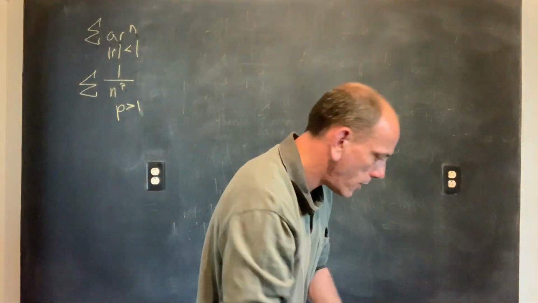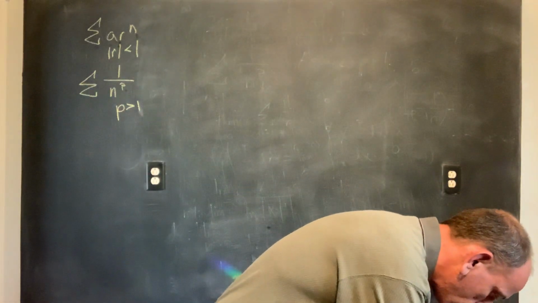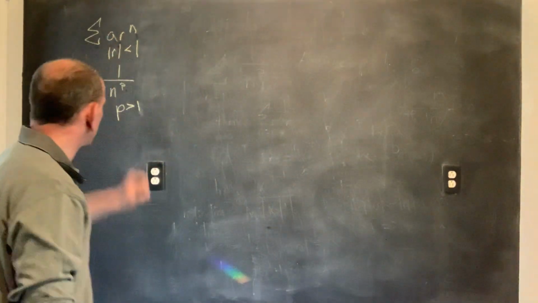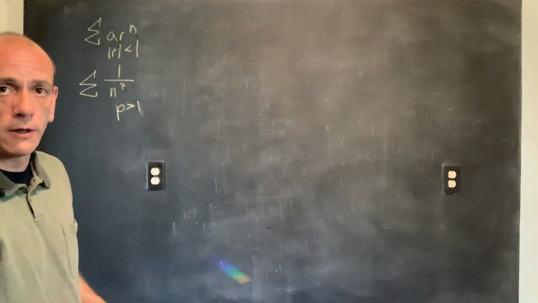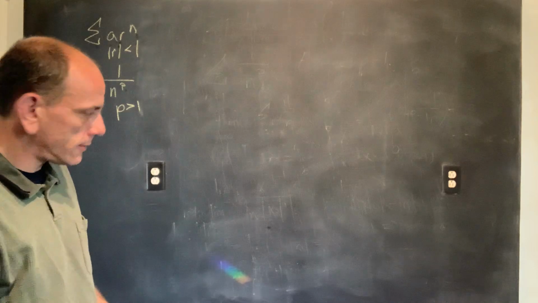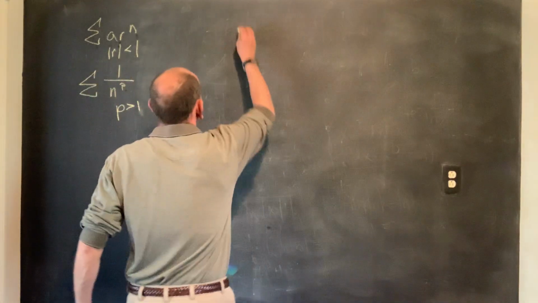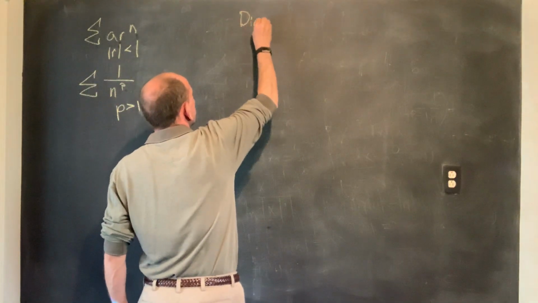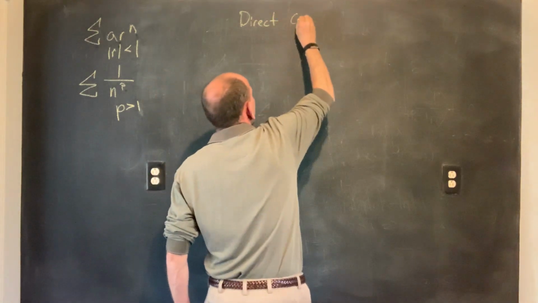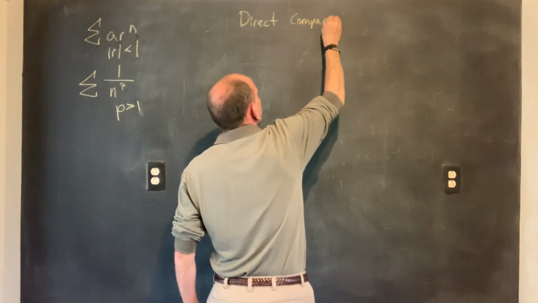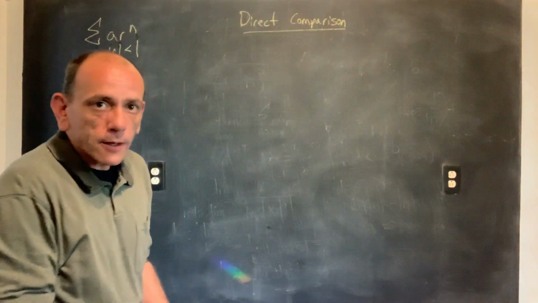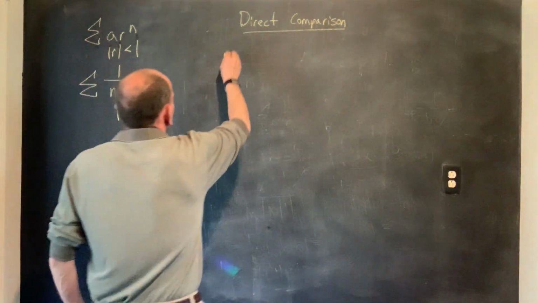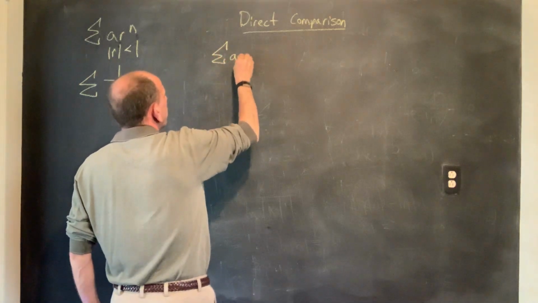There's two ways that we can use these sorts of objects that we know what their behavior is based on certain criteria to leverage against others. So let's see, we've got the direct comparison. Direct comparison, I've got a series, A sub n.